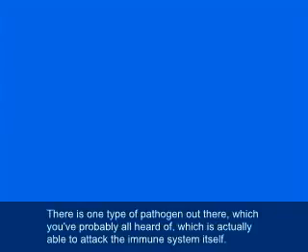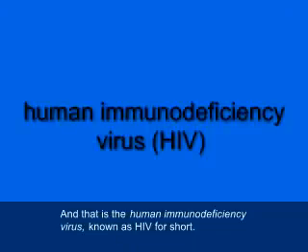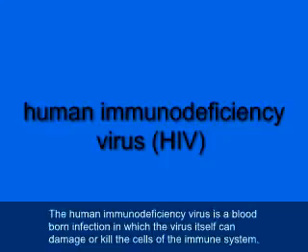There is one type of pathogen out there, which you've probably all heard of, which is actually able to attack the immune system itself, and that is the human immunodeficiency virus, known as HIV for short. The human immunodeficiency virus is a blood-borne infection in which the virus itself can damage or kill the cells of the immune system.